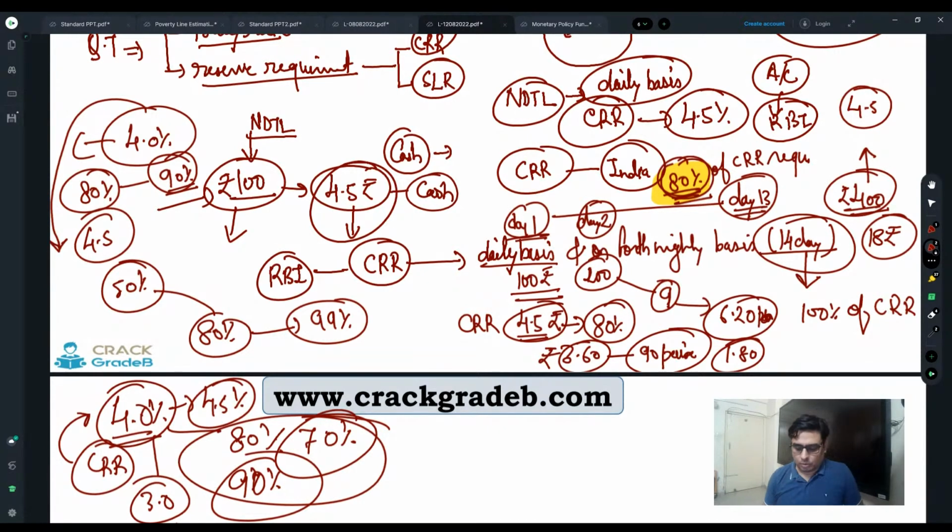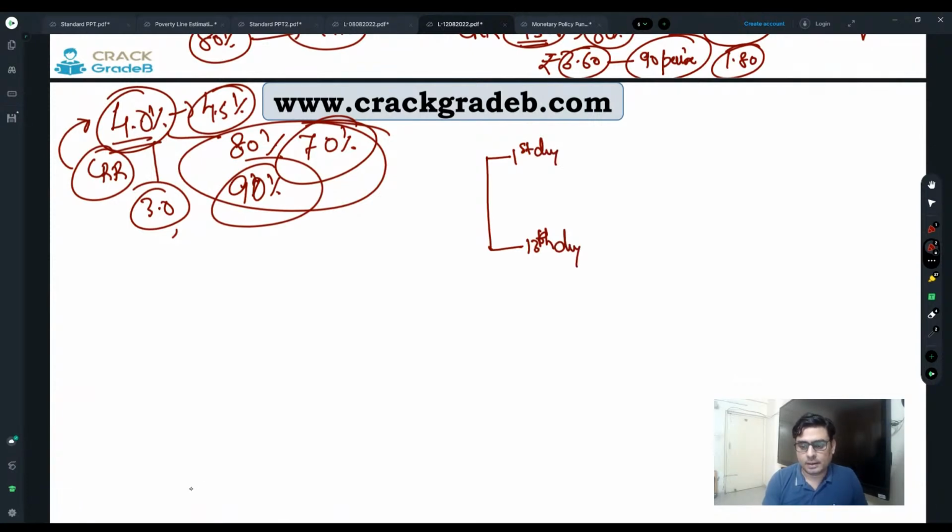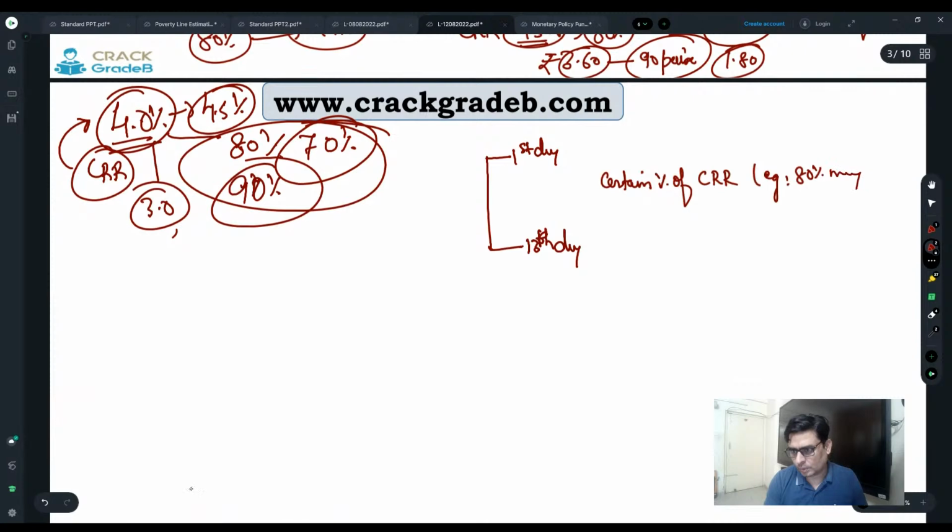One more thing. As I explained, banks have from the first day to the 13th day to maintain a certain percentage of CRR, maybe 80%, maybe 90% or 70%.